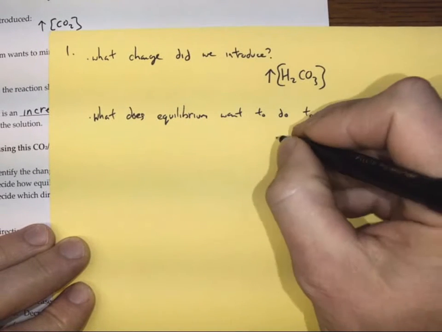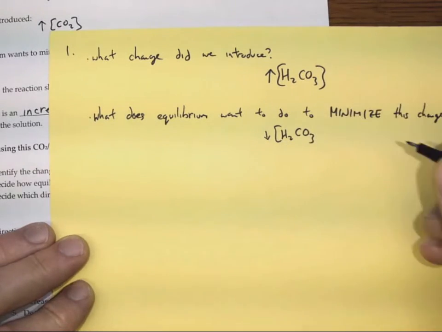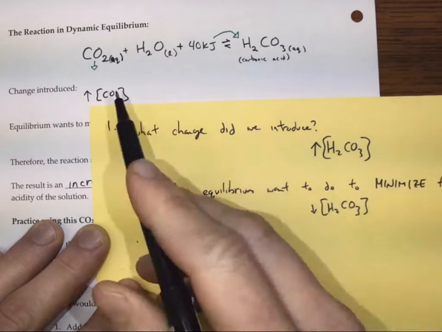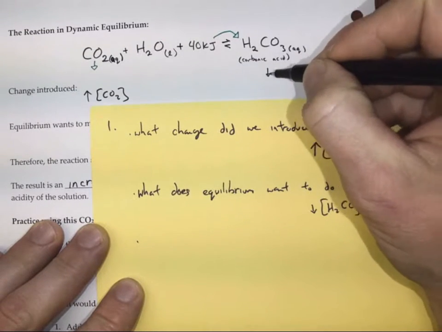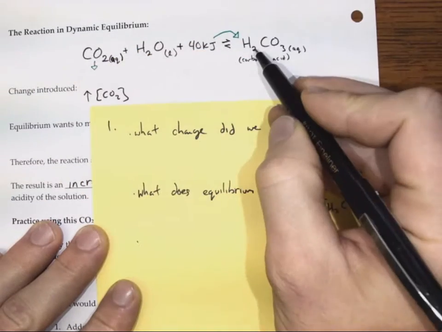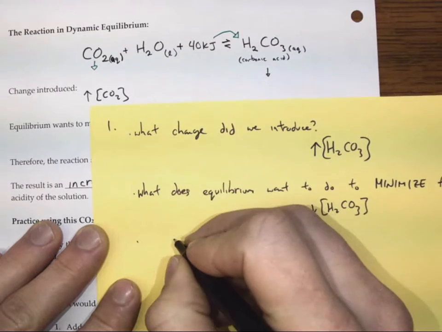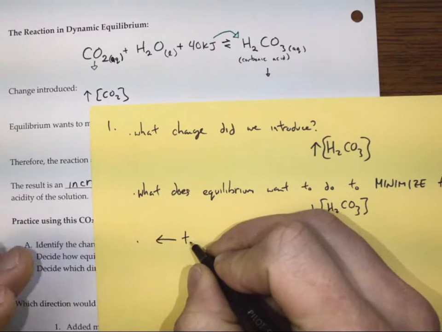Okay, well, it wants to decrease the carbonic acid concentration, right? Okay. So which direction will equilibrium shift to decrease this product? If you want to decrease a product, you want to take that product and form some reactants out of it. So if you want to decrease this concentration, you're going to shift toward the reactants.